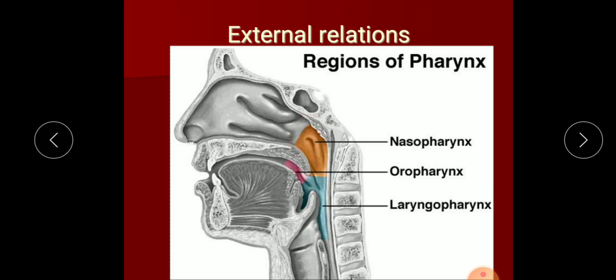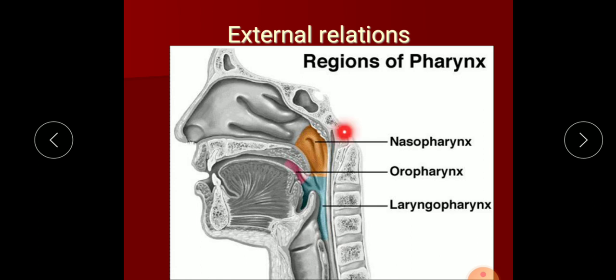The oral cavity communicates with the oropharynx, and the larynx, through the laryngeal inlet, communicates with the laryngopharynx. In short, the anterior wall is characterized by three deficiencies through which the pharynx communicates with the nasal cavity, oral cavity, and larynx.